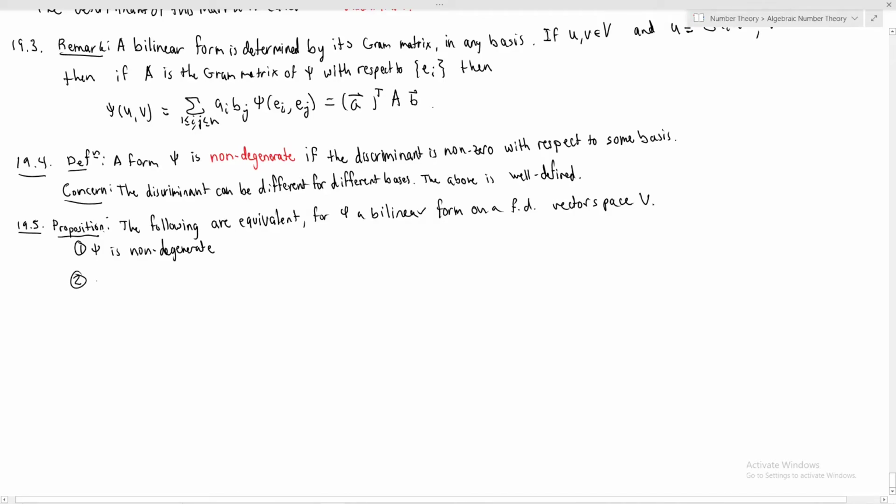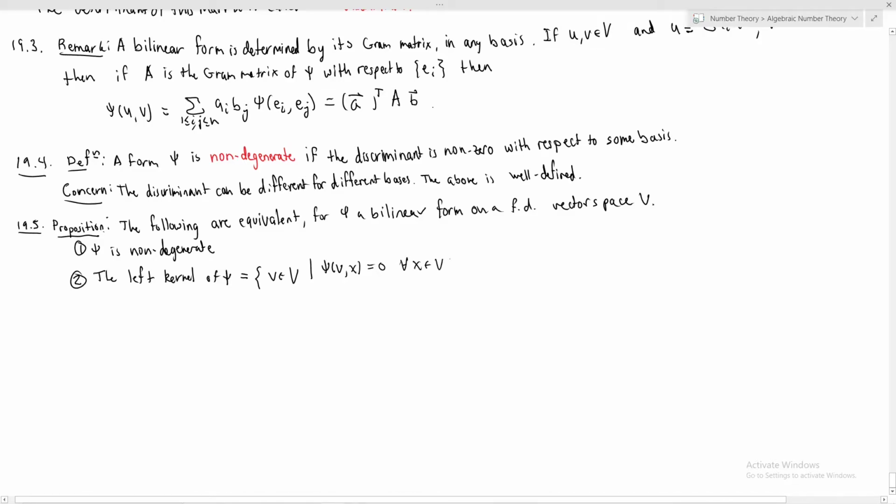Two, there's something called the left kernel. So what is the left kernel defined as? The left kernel of psi is the set of v such that psi of v times x equals 0 for all x.